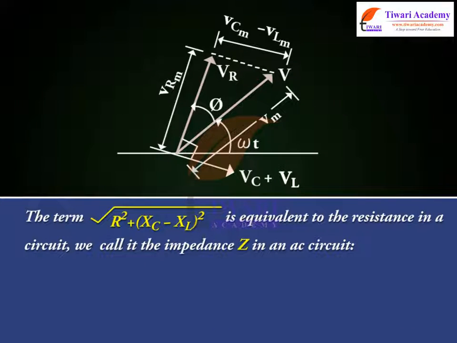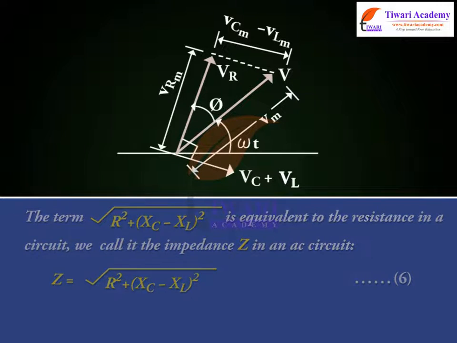The term square root of R square plus (XC minus XL) whole square is equivalent to the resistance in a circuit. We call it the impedance Z in an AC circuit. Z is equal to square root of R square plus (XC minus XL) whole square, equation 6.